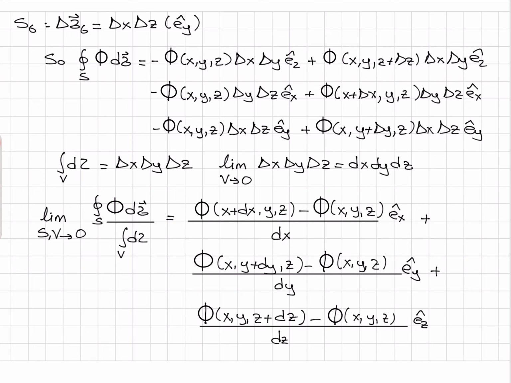So that's the situation, because I have delta x, delta y canceling out. I'm left with delta z for this term. And for this term, for x plus delta x, delta y, delta z cancels out. I'm left with delta x, which becomes dx. And for the y plus delta y term, delta x, delta z cancel. I'm left with delta y, which becomes dy.